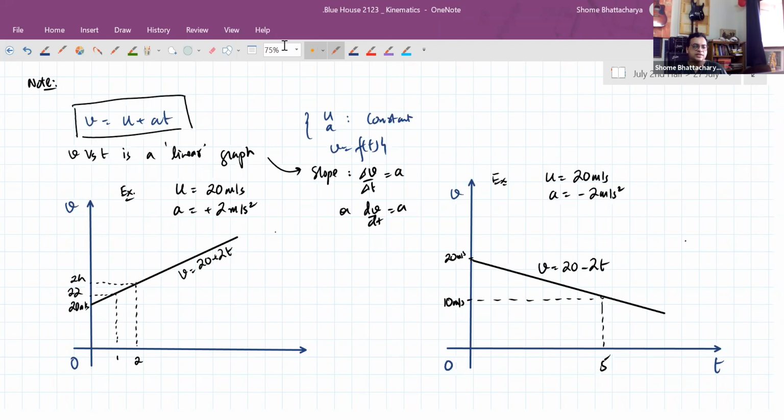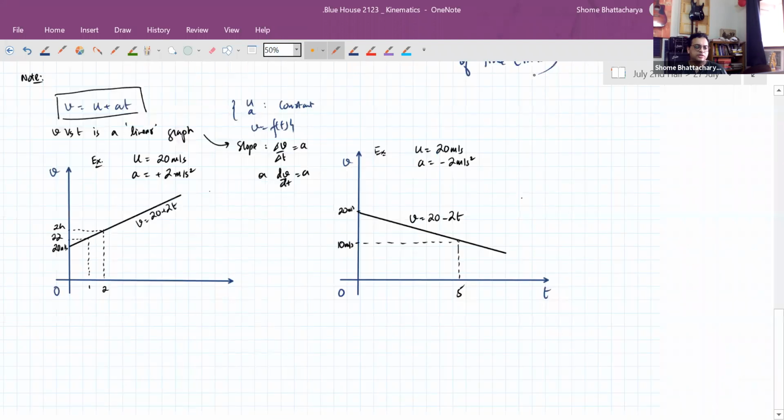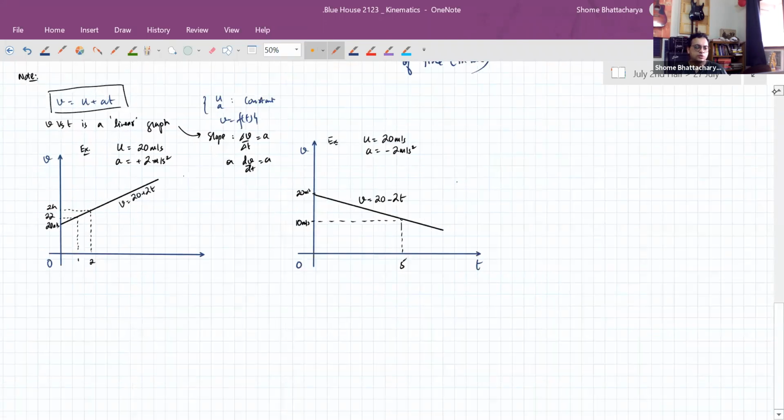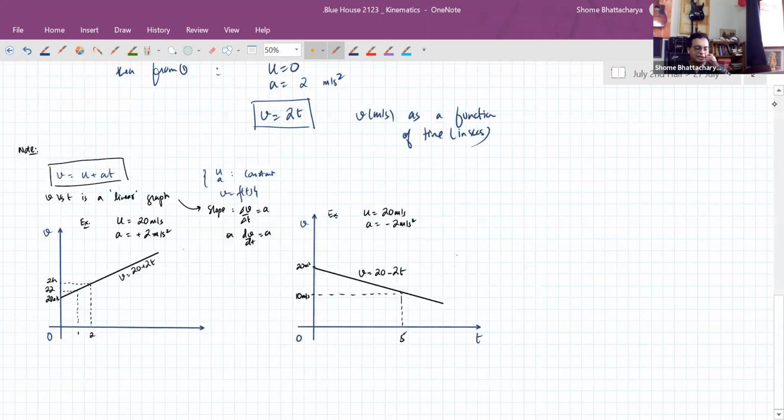So in motion along a straight line, you will see it is all about calculus actually. And when we come to two-dimensional and three-dimensional motion, it will become a combination of what we've learned in vectors, especially component algebra, along with what we've learned in calculus.